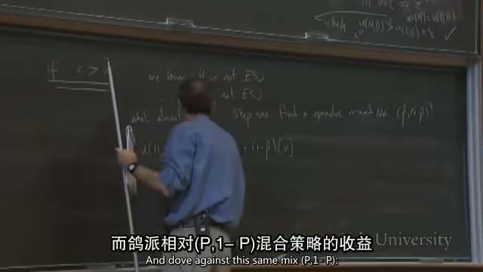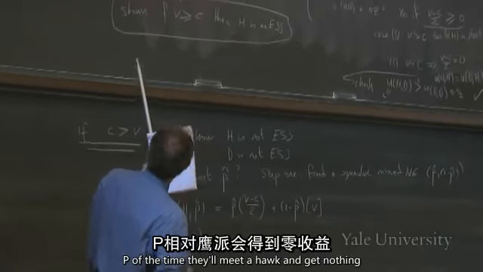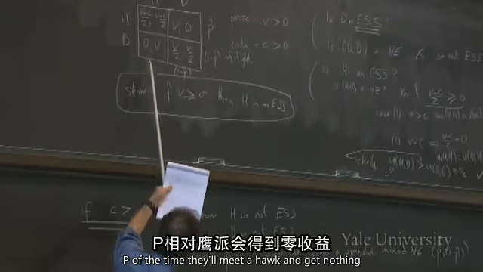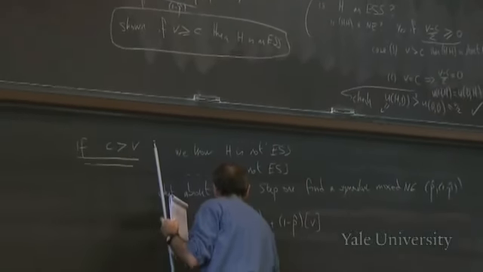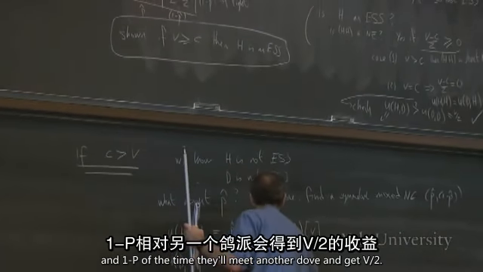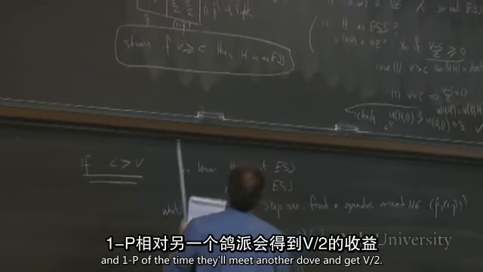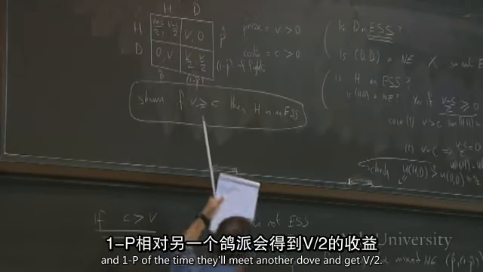And dove, against this same mix, p hat of the time will meet a hawk and get nothing. And 1 minus p hat of the time, they'll meet another dove and get v over 2.